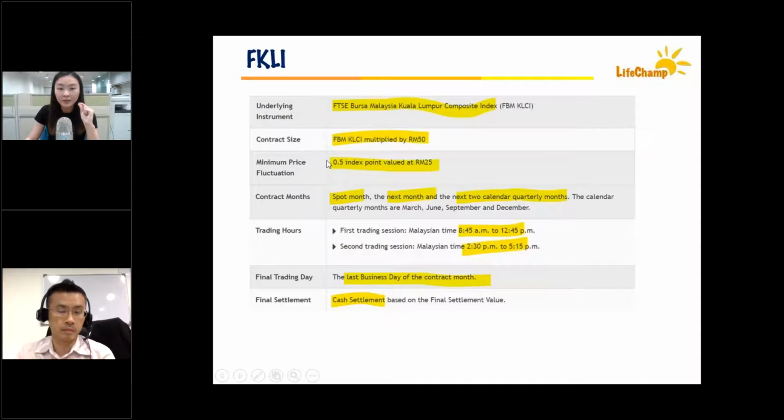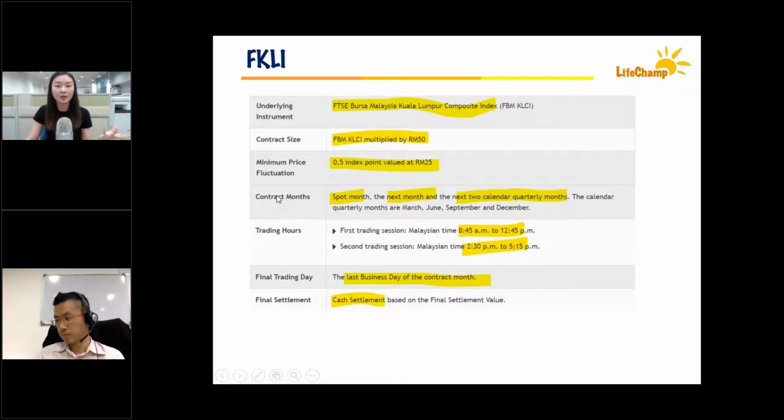So for a 0.5 tick movement, you multiply by 50 ringgit, meaning a 0.5 movement equals RM25.